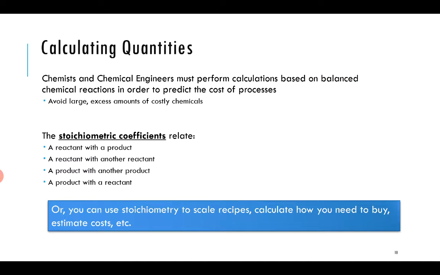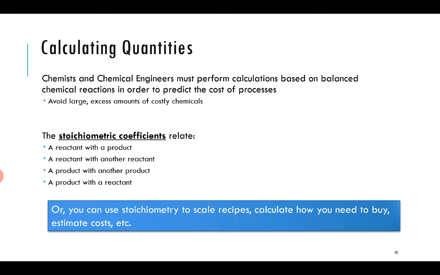So when we look at those stoichiometric coefficients, we're going to be picking 2 different chemicals and comparing them. So we can use those coefficients to relate 1 reactant to 1 product, 1 reactant to 1 other reactant, 1 product to 1 other product. We're just comparing 2 things.